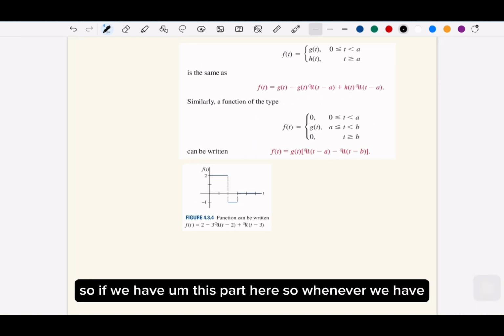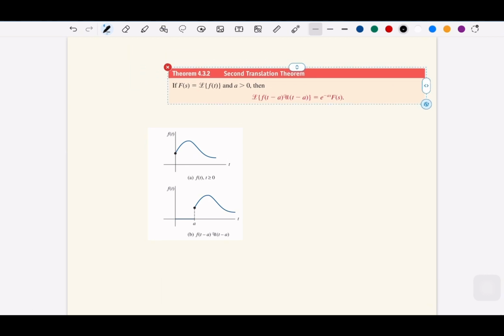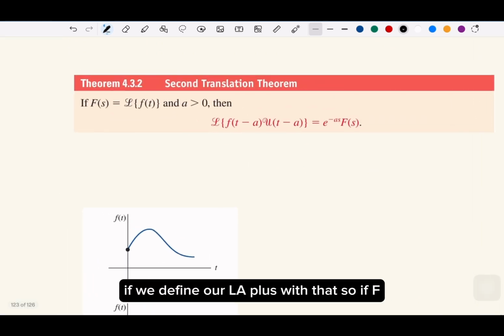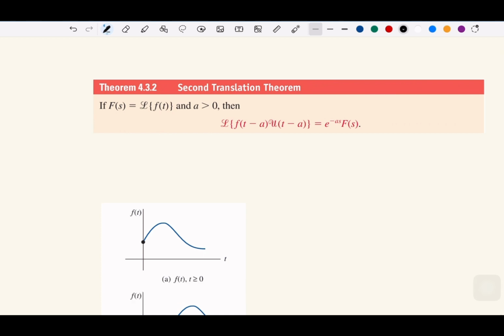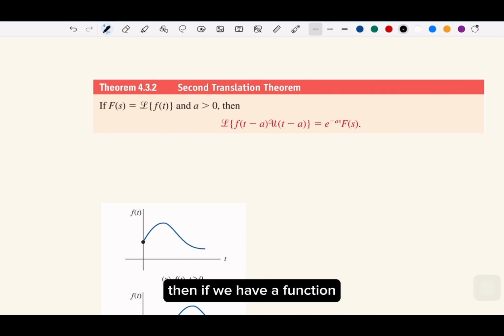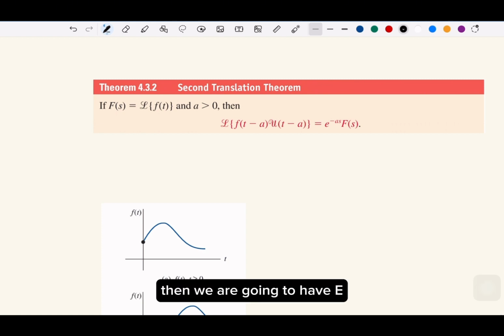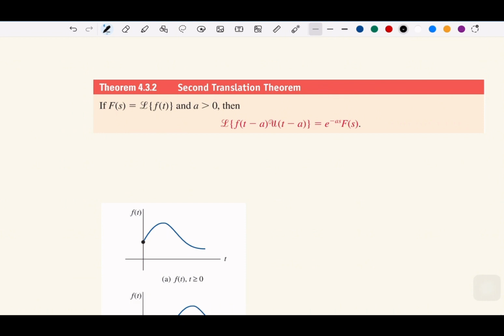So if we define our Laplace, if capital F(s) is the Laplace of the function f(t), then if we have a function multiplied with the Heaviside, we are going to have e to the negative as times capital F(s). So we have the exponent.